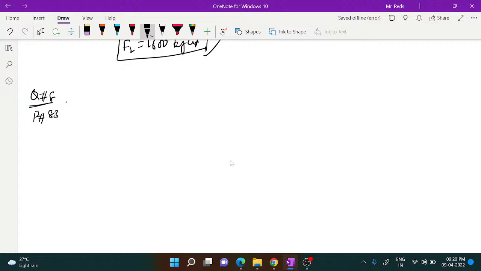The inner and outer radii of each column are 30 and 40 centimeters respectively. Assuming the load distribution to be uniform, calculate the compressional strain of each column. Young's modulus of steel is this.